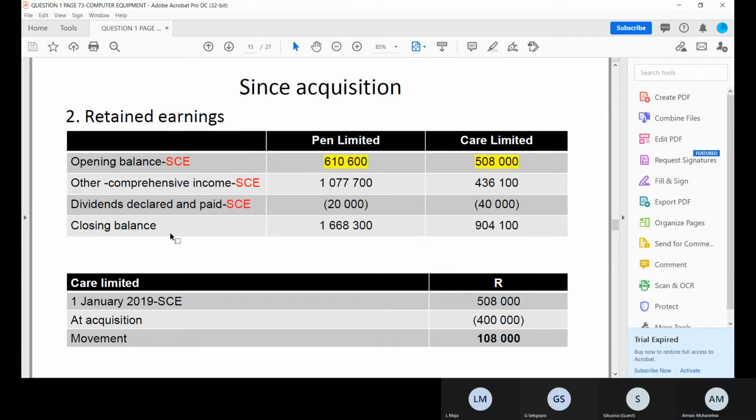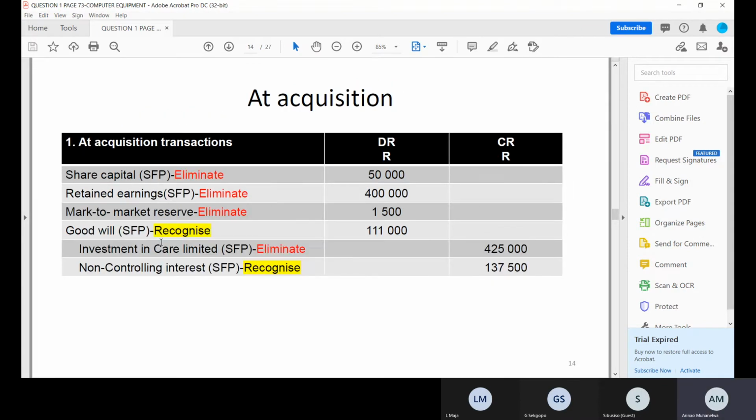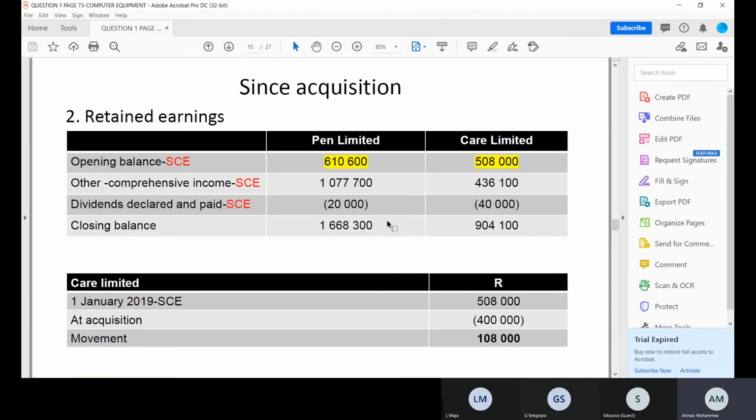You will agree with me here, when we acquired this company, we had retained earnings of 400,000. But when you go to the statement of changes in equity, the opening balance of retained earnings of the subsidiary was 508,000. This is given on the statement of changes in equity.